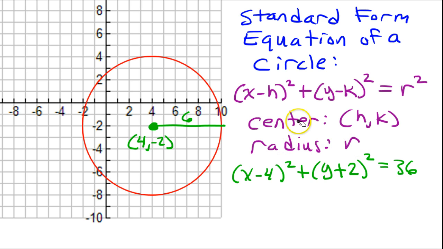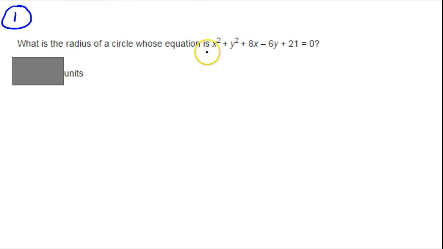Very useful. But sometimes we get the equation in another form and we have to convert it to this form. Alright, this form of an equation of a circle is called general form. And general form is less useful.